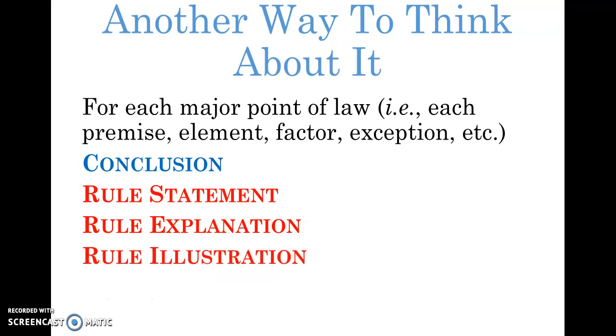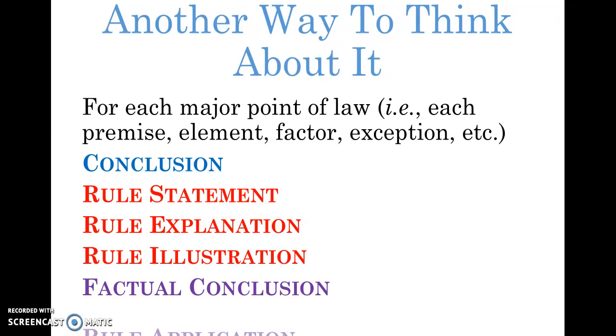Then you would provide a rule illustration. This is where you get into the specifics about a prior case that has applied or considered the rule that you're talking about. And only after you've done all of that do you move into the facts. You will start your fact application with a factual conclusion, meaning how does this rule apply in your case?